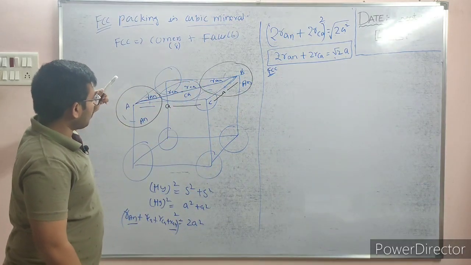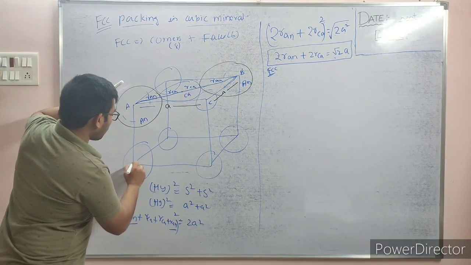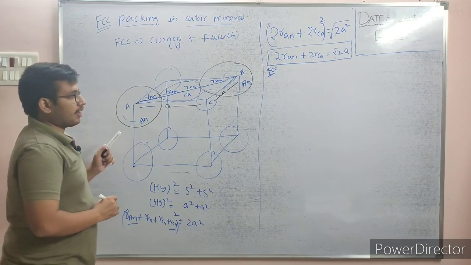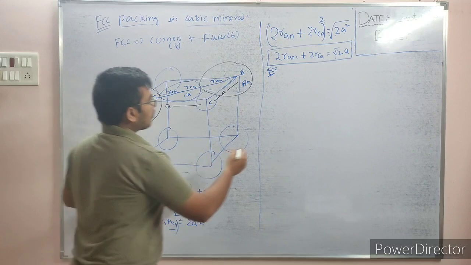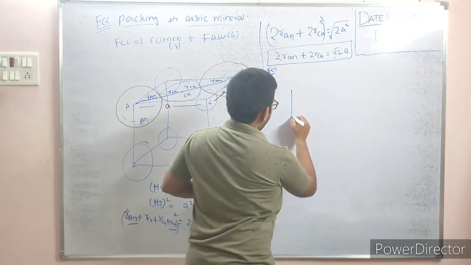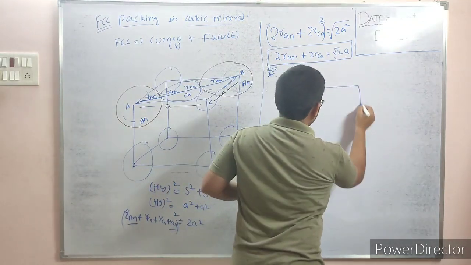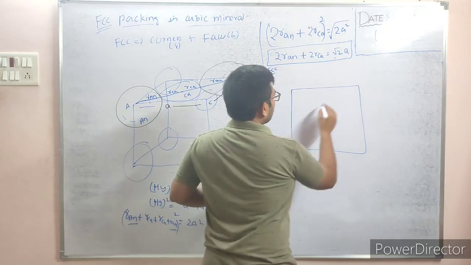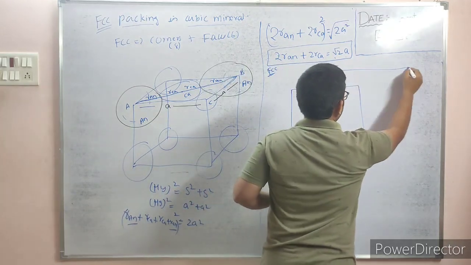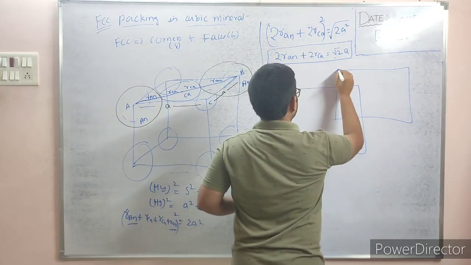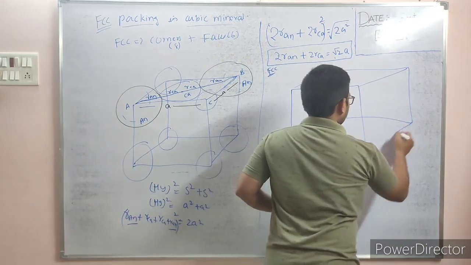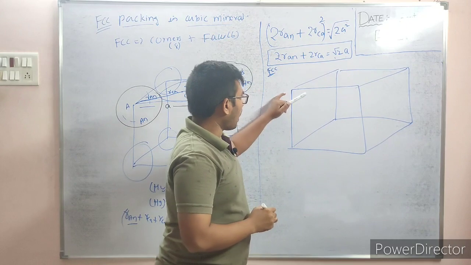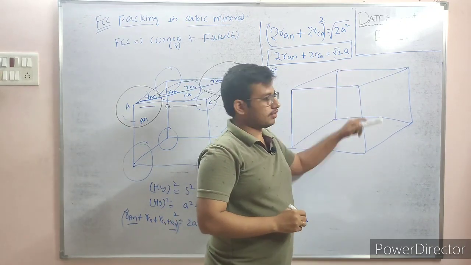Now when we are looking at atomic positions, now we have to calculate, right? Atomic positions, like suppose I am drawing here. So we know that 8 atoms are present at the 8 corners. We leave it.